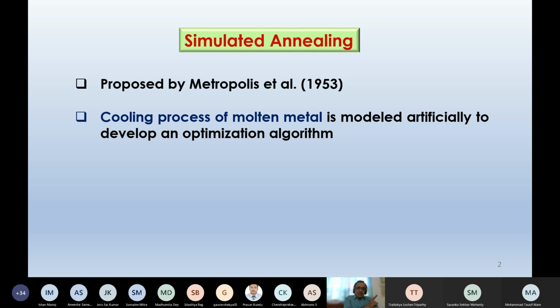So starting from the molten metal, if you allow it to cool down, then at the end I will be getting the solid metal. That means from the highest energy level, it will move towards the lowest energy level during the cooling process. And this fact has been modeled artificially to solve the minimization problem.